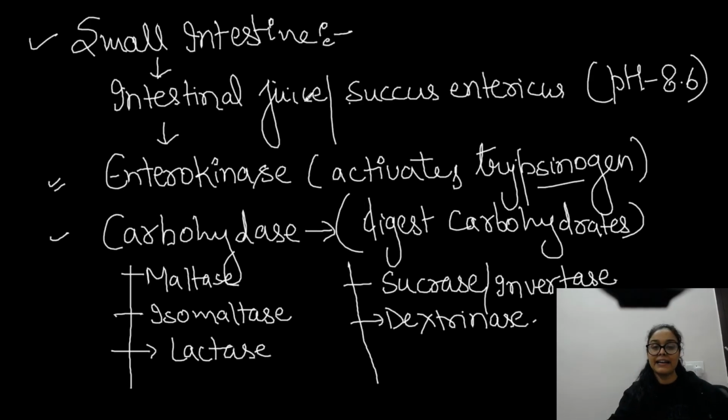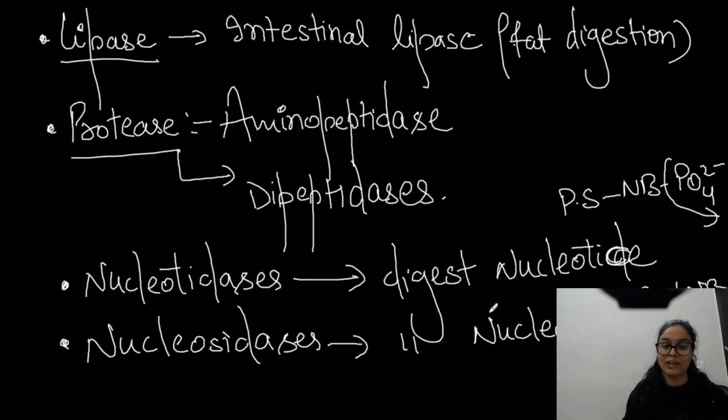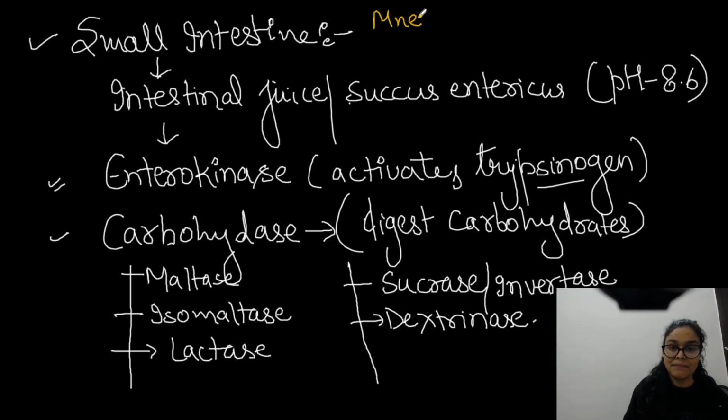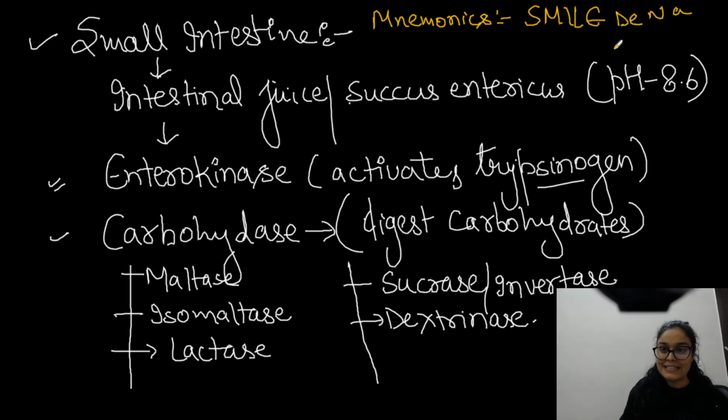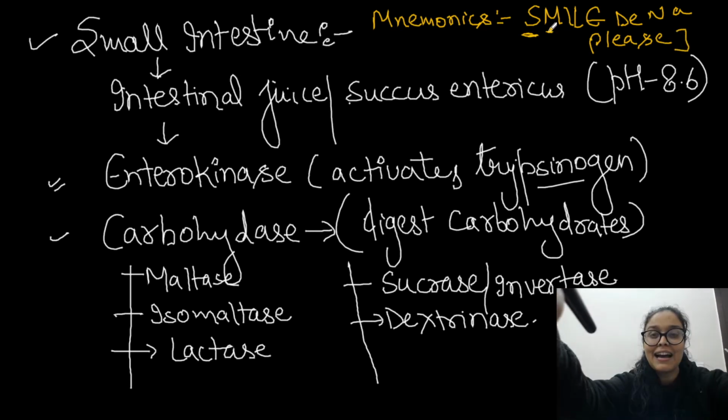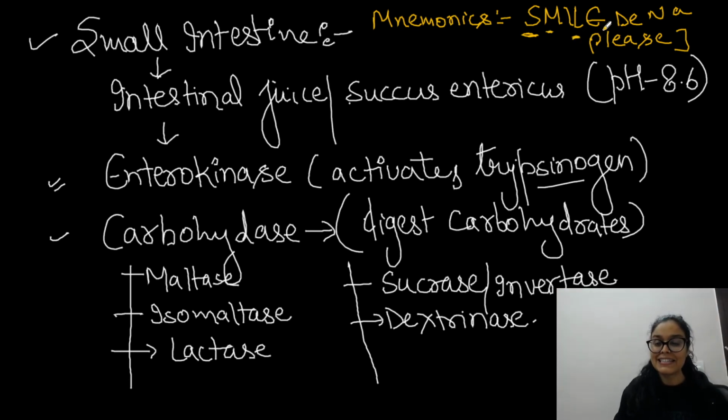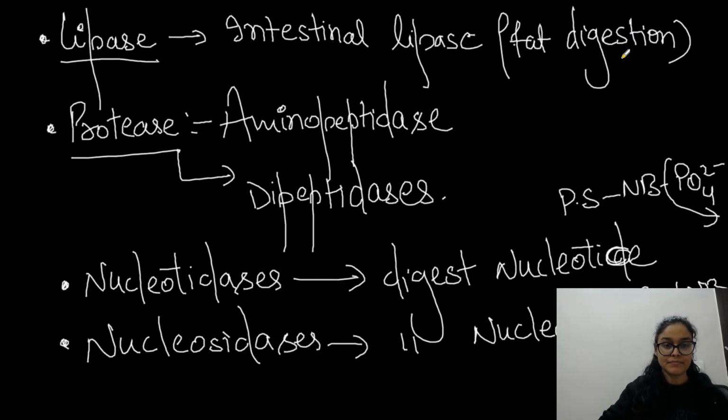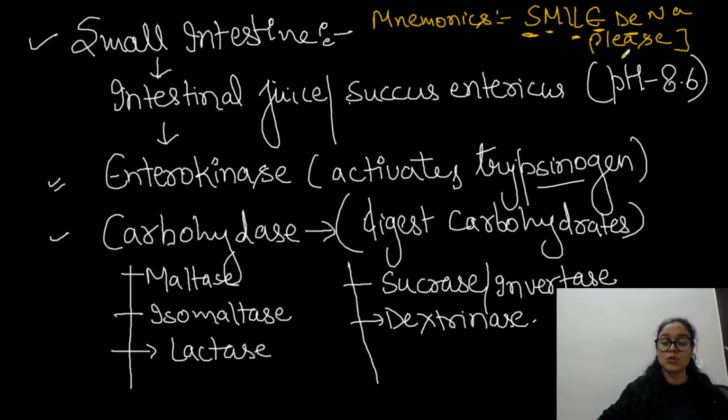But before that, let me tell you a mnemonic for all these enzymes of the small intestine that we have studied. The mnemonic is like "Smile de na, smile de na please." S for sucrase, M for maltase, I for isomaltase, L for lactase, E for enterokinase, DE for dextrinase, Na for nucleotidase, nucleosidase, P for protease, L for lipases.